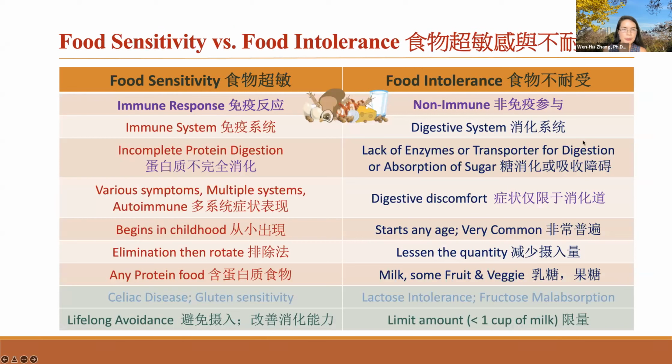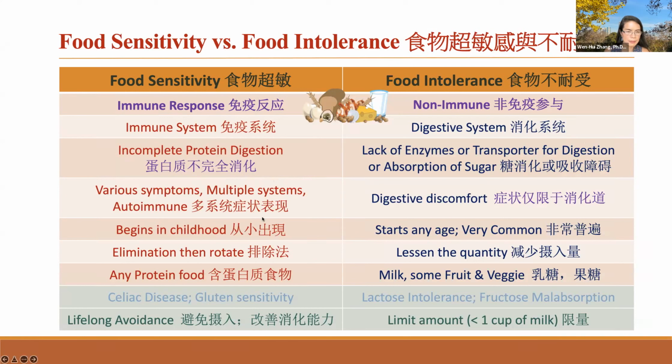So that's the comparison of food sensitivity and food intolerance. Food sensitivity is a type of immune response, typically mediated by IgG or immune complex. So it's a reaction to incompletely digested food protein.